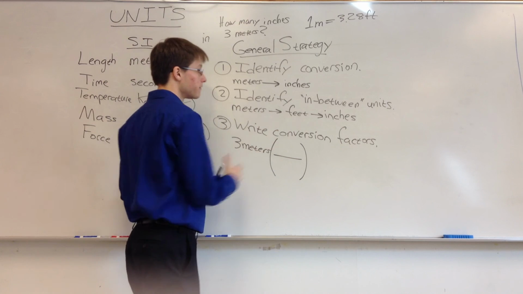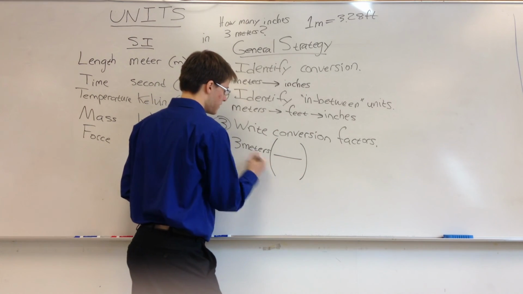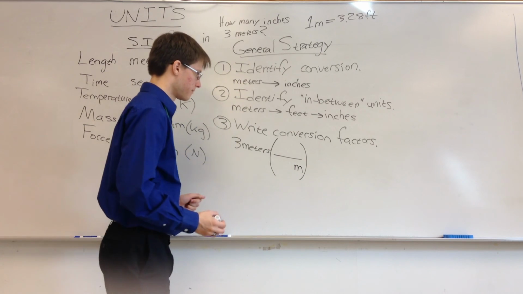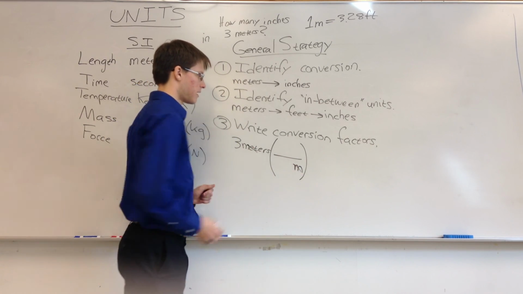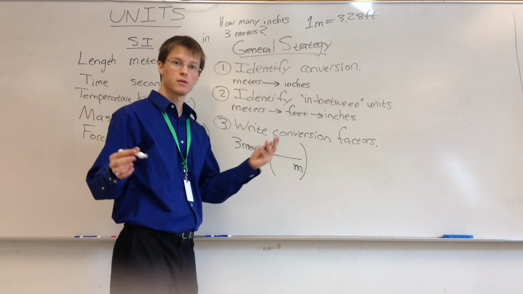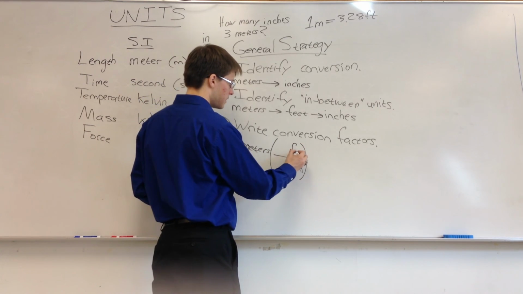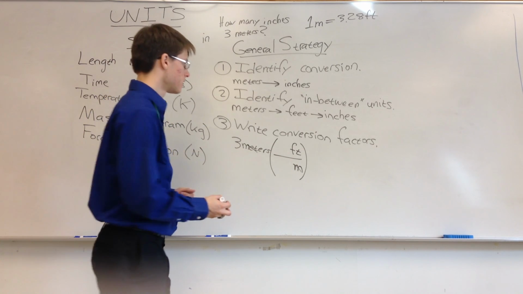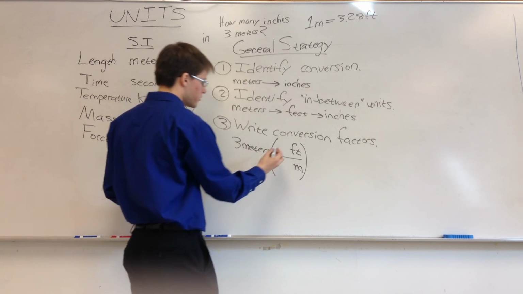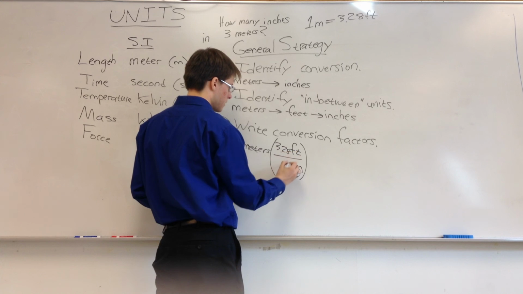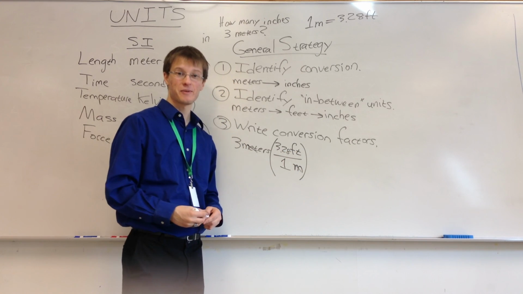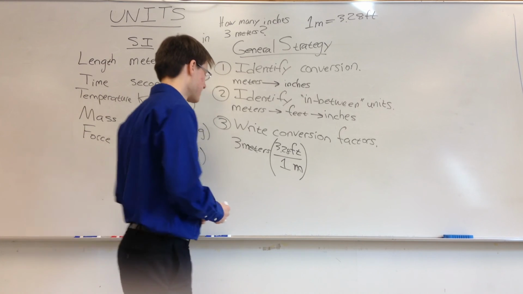Here's how we're going to do it. The first step is to go to feet, right? So we're going to divide 3 meters. We want to get rid of the meters, so I'm going to put meters on the bottom, and that will cancel the meters on the top. And we want to go to feet, so I'm going to put feet right there. And then we have to fill in where the numbers are. There are 3.28 feet in 1 meter.